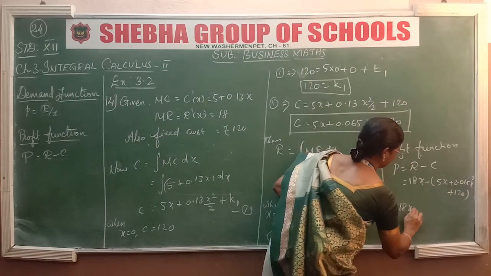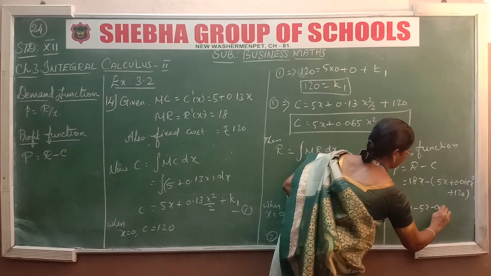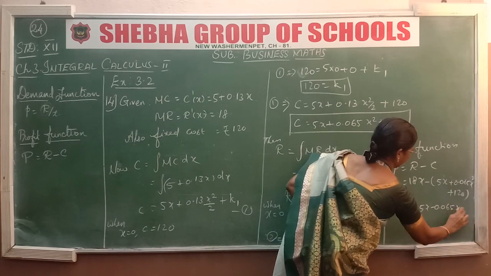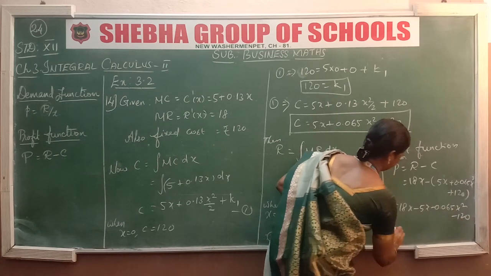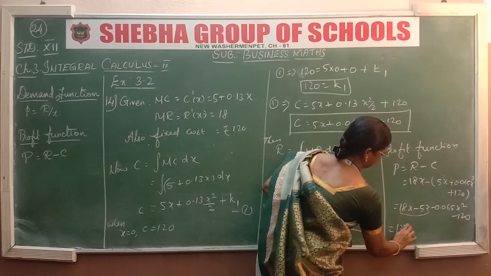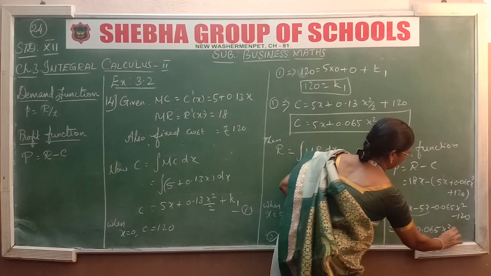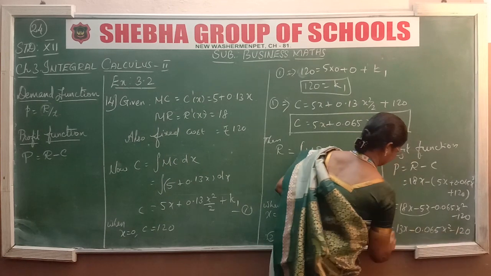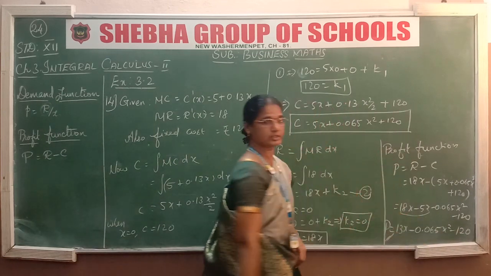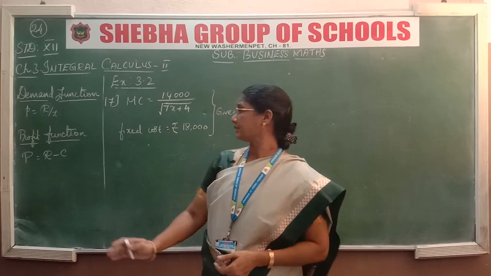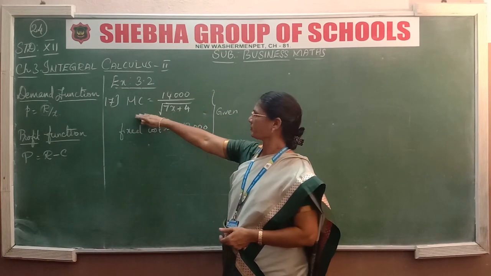So 18x minus 5x minus 0.065x square minus 120. Subtracting these two we get 13x minus 0.065x square minus 120. This is our profit function. Understood?